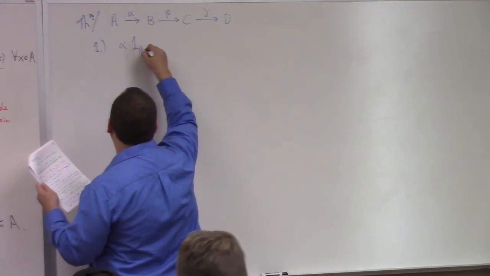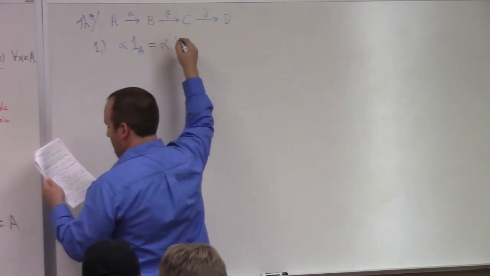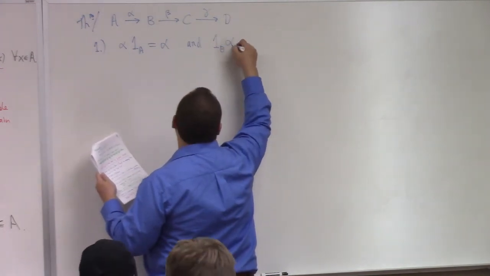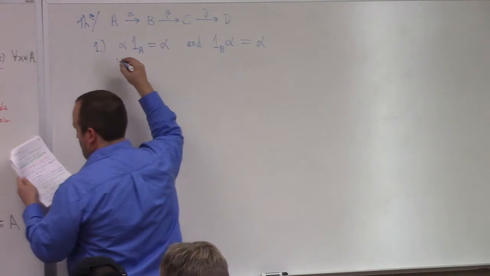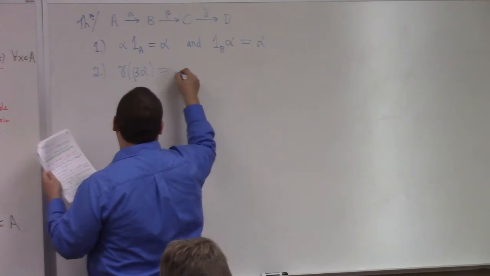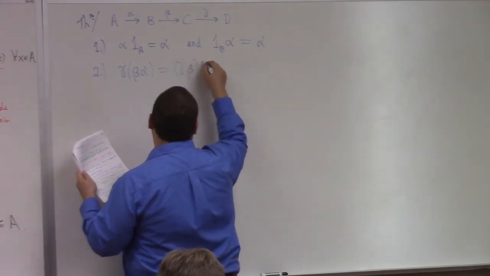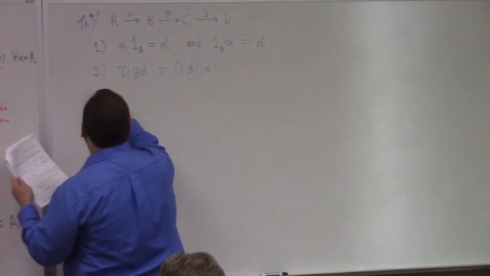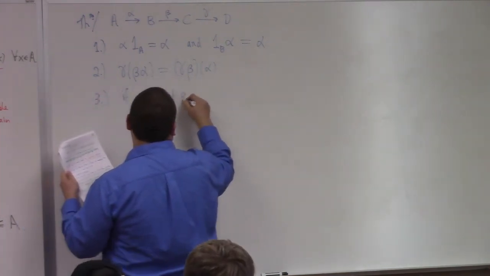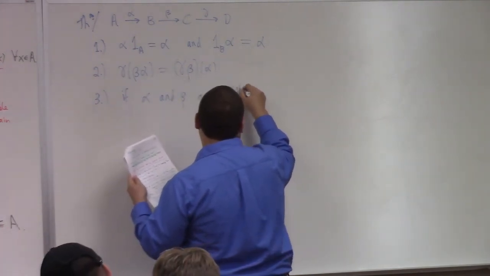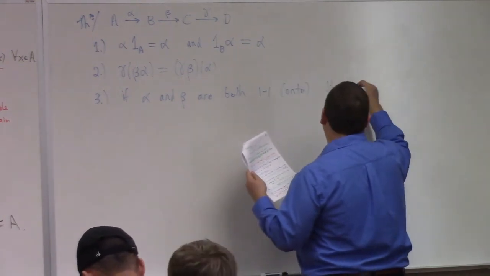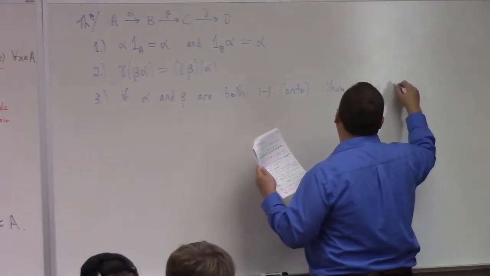One: alpha composed with 1 on A is equal to alpha, and 1 on B composed with alpha is equal to alpha again. Two: function composition is associative. And three: if alpha and beta are both 1 to 1 or both onto, then so is beta alpha.